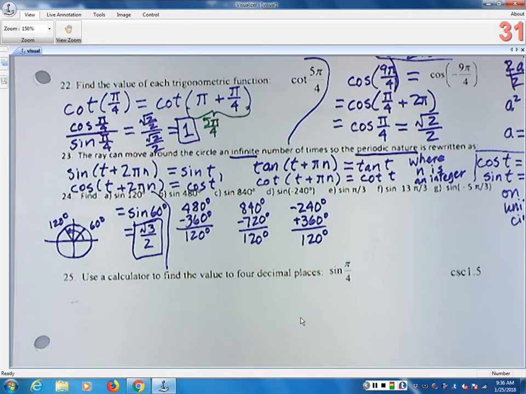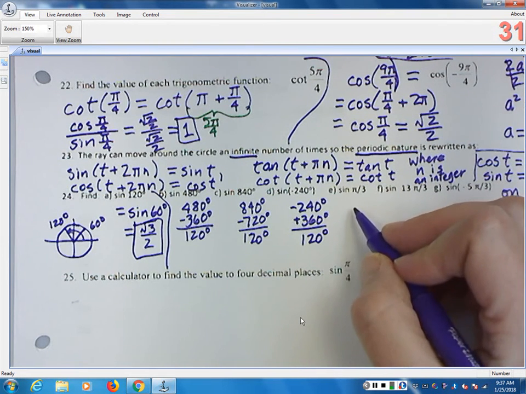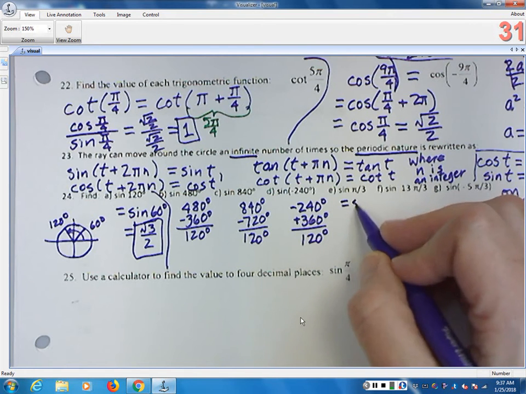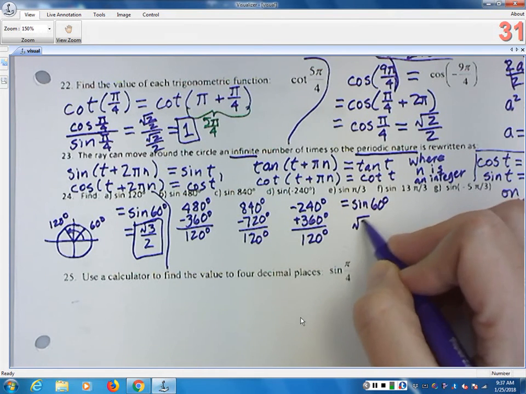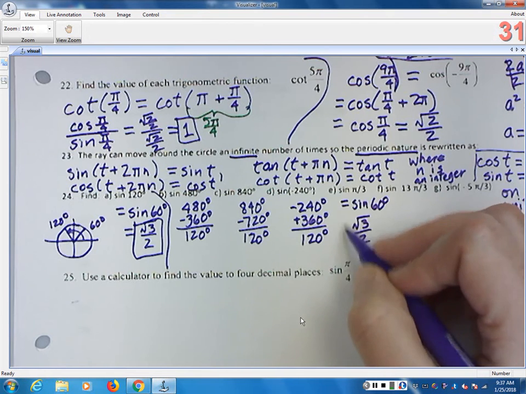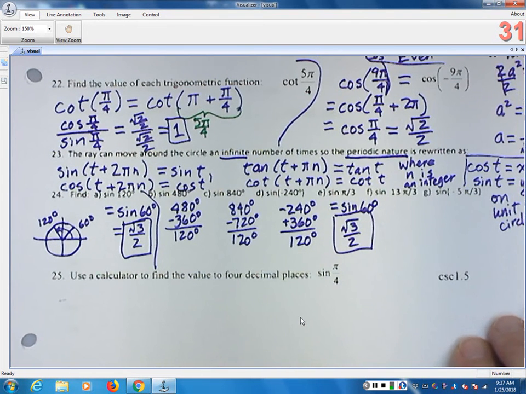Sine of pi over 3. Well, pi over 3 is the same as 60 degrees. That's square root of 3 over 2. All of these answers are square root of 3 over 2.